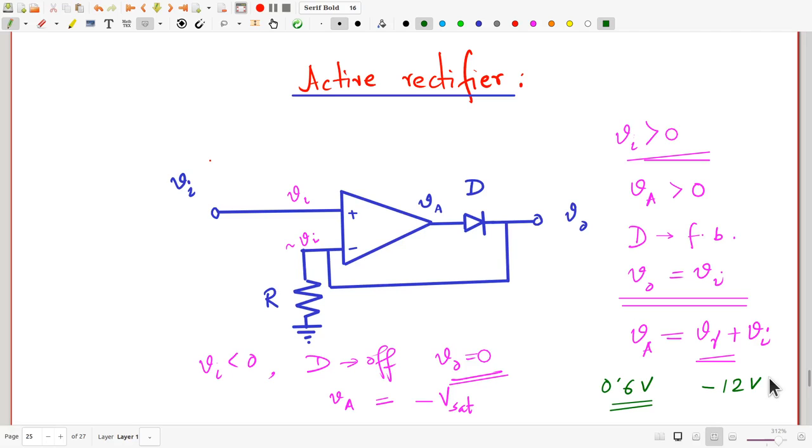The trouble is, an op-amp would take some time to carry out such a big change. Now, how much time? If you are using an IC741, this time is 12.6 volts divided by 0.5 volts per microsecond, around 25 microseconds. The 25 microseconds might sound like a very, very tiny time to you.